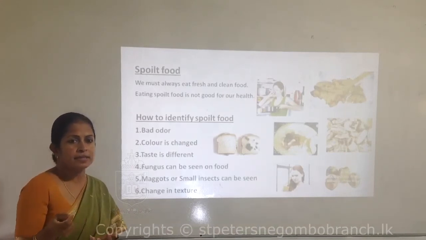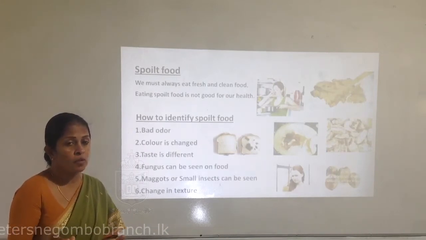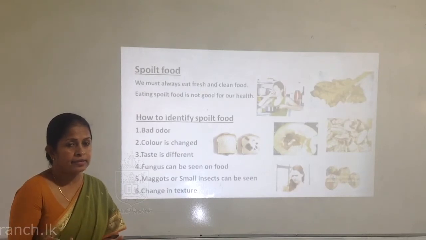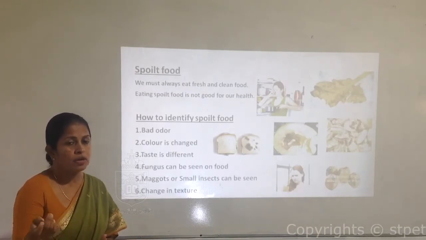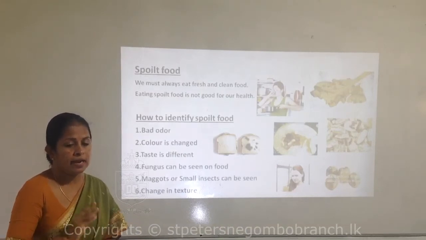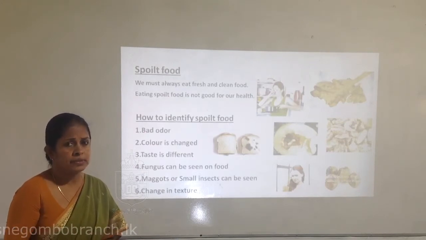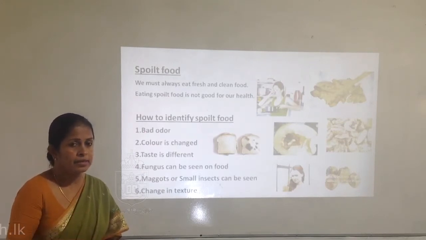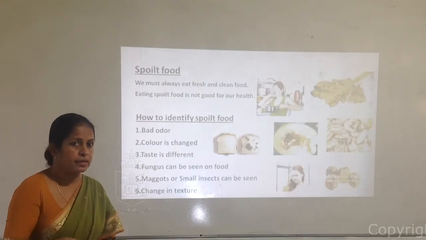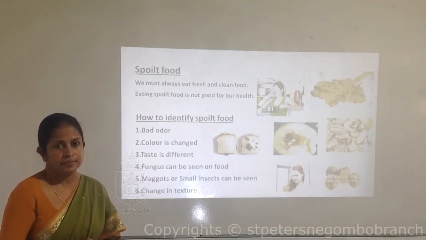These maggots build up there. Or in the rice we can see small insects. In the grains, green gram and things, if we keep them more days, we can see small insects. That's not good. If we can see small insects, we can't use it because they're going inside the food. After that, it's not suitable to eat.